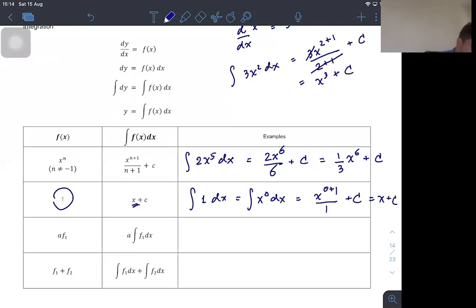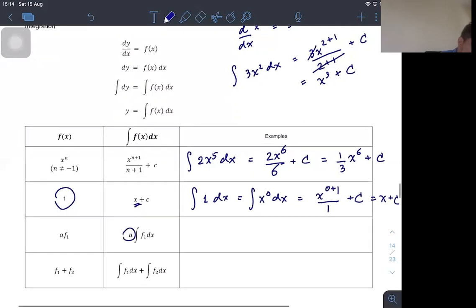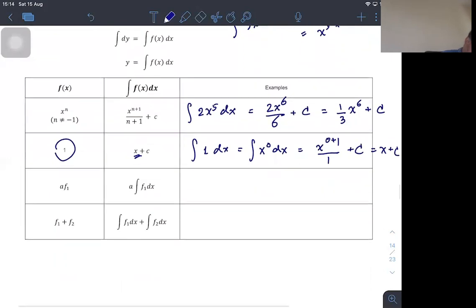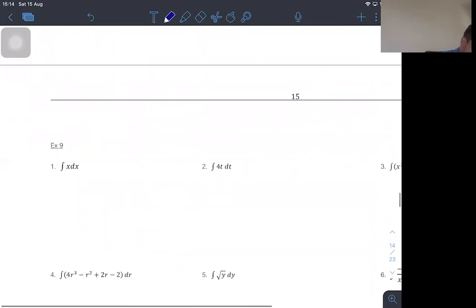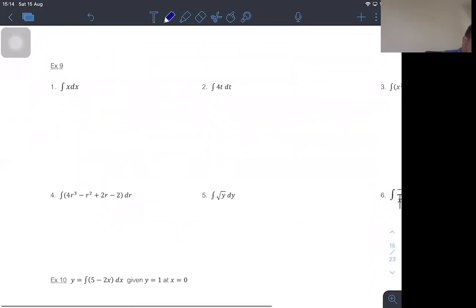Also, if you have a constant, you just pull it out. Constant is no problem, and you can also distribute the integration into 2 functions. So some more examples. Integrate x dx.